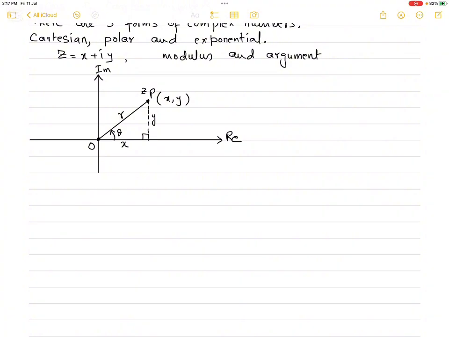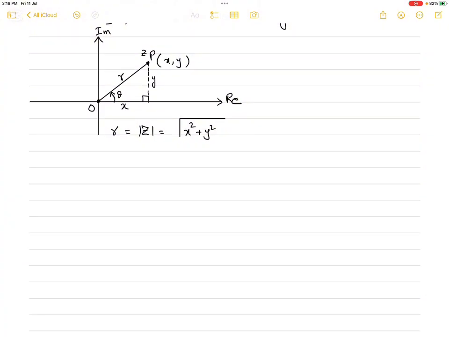As we know, r is a modulus, so write modulus of z equals, how to find the modulus of z? We square x, add the square of y, and take the whole square root. This is a way to find the modulus. You can also write r equals modulus of z. Now from here, if I calculate cos theta, I would write adjacent over hypotenuse, which is x over r.